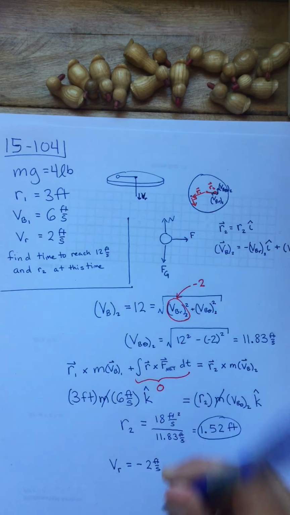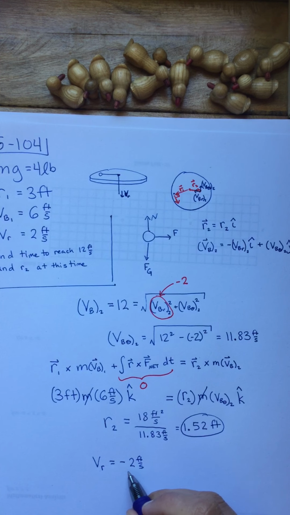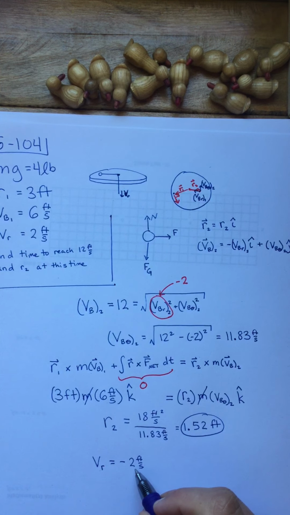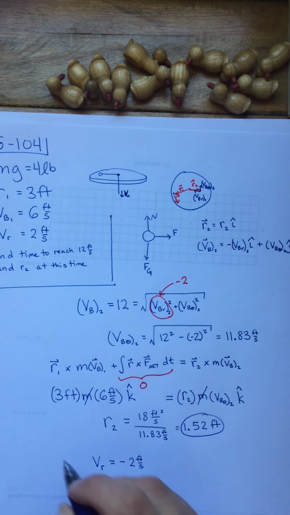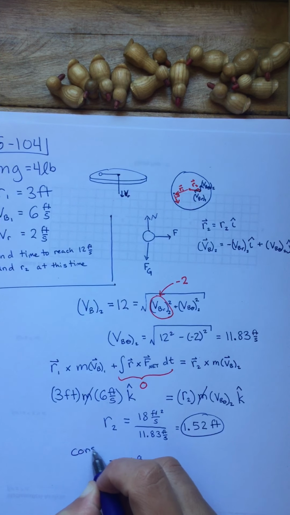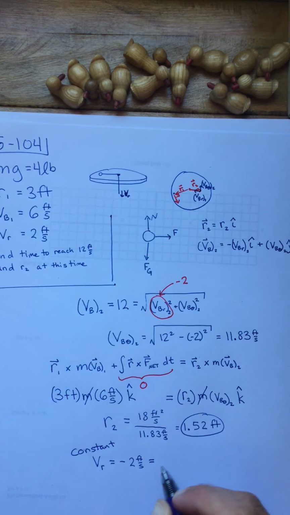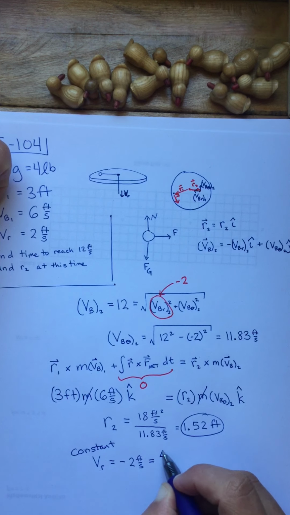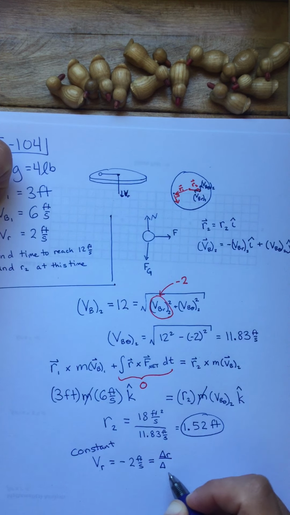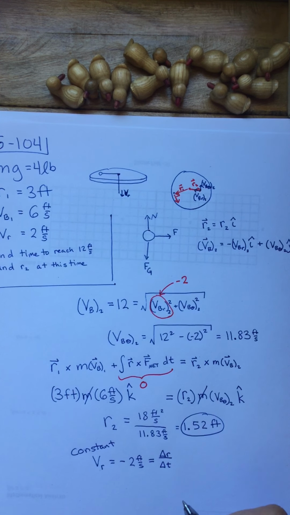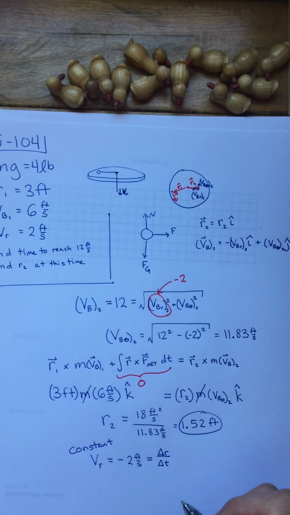Since it's pointing in towards the center of the circle, I'm going to make it negative for the ball. So that's the radial velocity of the ball. It's constant. And because it's constant, I can say a constant velocity is equal to delta r over delta t.